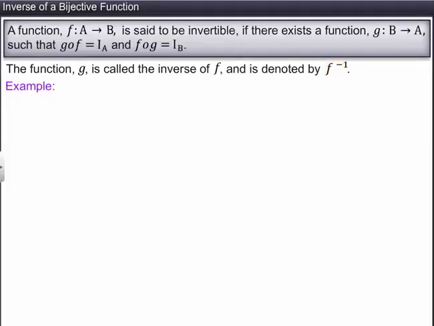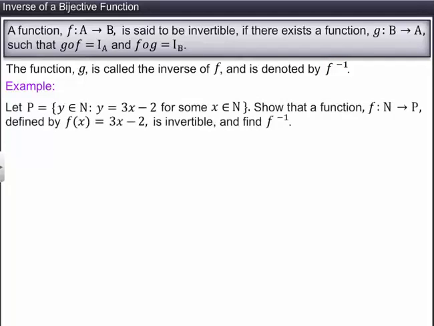Let's proceed further and learn to find the inverse of a function with the help of an example. Let P be the set of all y such that y is a natural number and is equal to 3x minus 2. Let's show that a function f from N to P, defined by 3x minus 2, is invertible, and let's also find its inverse.